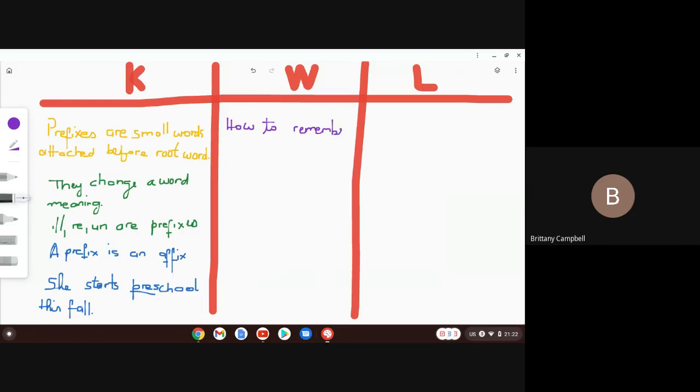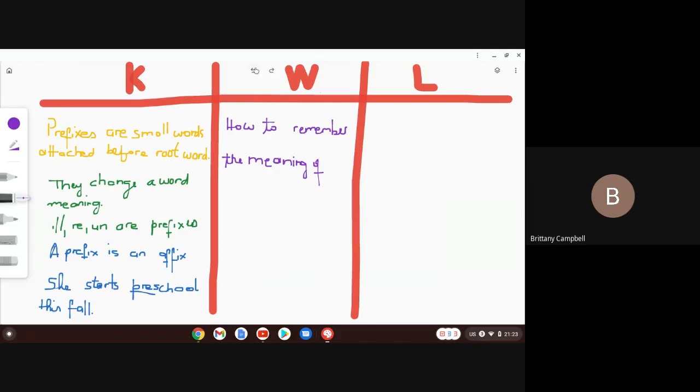M-E-M-B-E-R. How to remember the meaning of each prefix, yes? M-E and G, the meaning of OF.